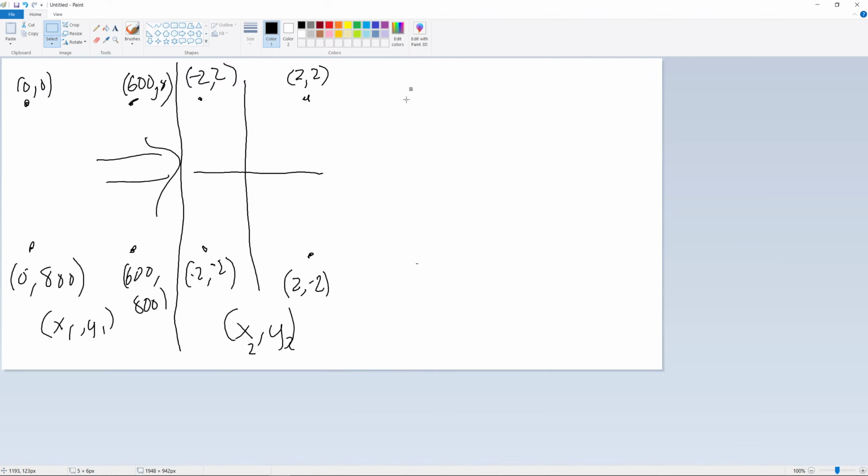So x2 should be, I multiply x1 by something and then possibly add on an offset, and the same thing goes for y.